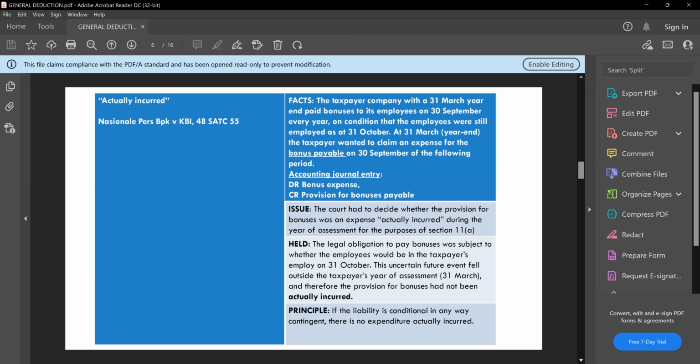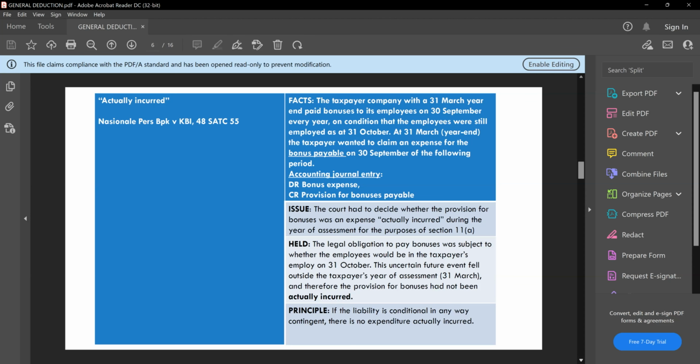So the court held that the legal obligation to pay the bonuses was subject to whether the employees would be in the taxpayer's employ on the 31st of October. This uncertain future event fell outside the taxpayer's year of assessment, right? Because the year of assessment ends on the 31st of March. And therefore, the provision for bonuses had not been actually incurred.